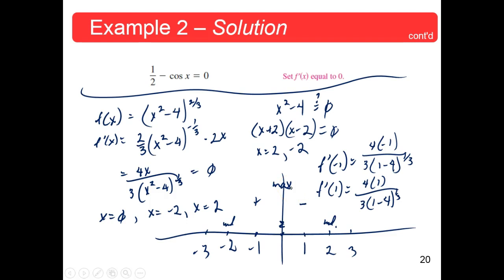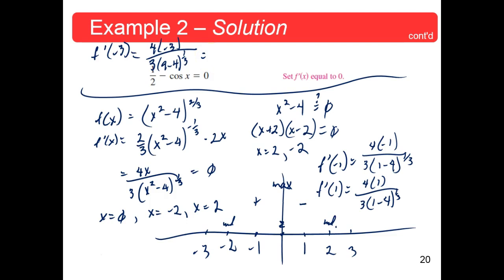Okay. Where else do we need to look? Okay, we'll try 3 and negative 3. Running out of room. F prime of negative 3 would then be 4 times negative 3 over 3 times, what's negative 3 squared? 9 minus 4 to the 1/3 power. I don't really care about the value of it. I want to know the sign of it.